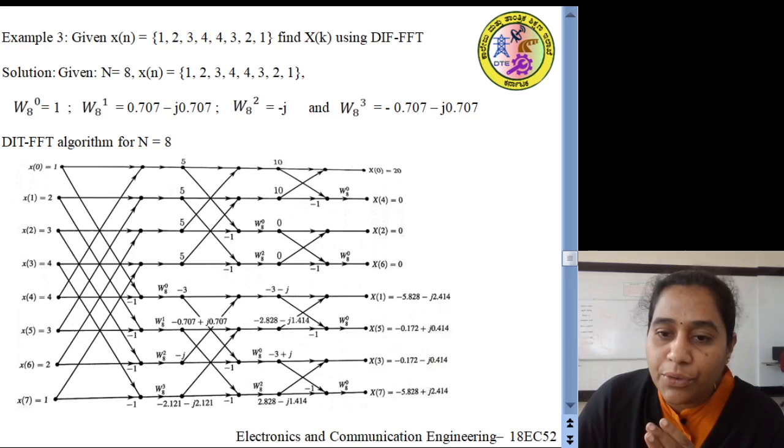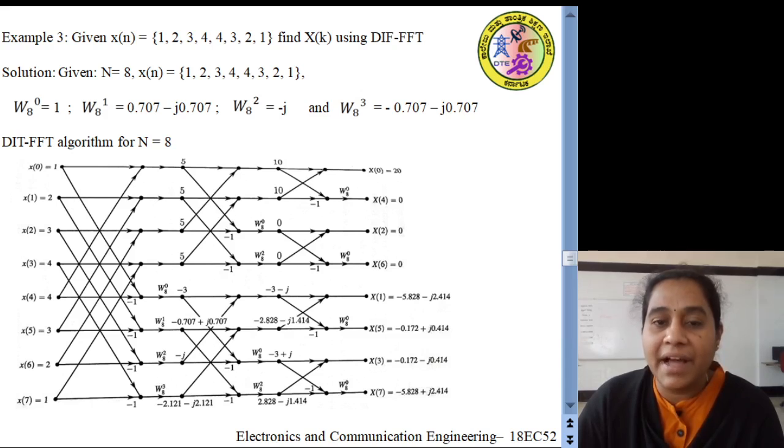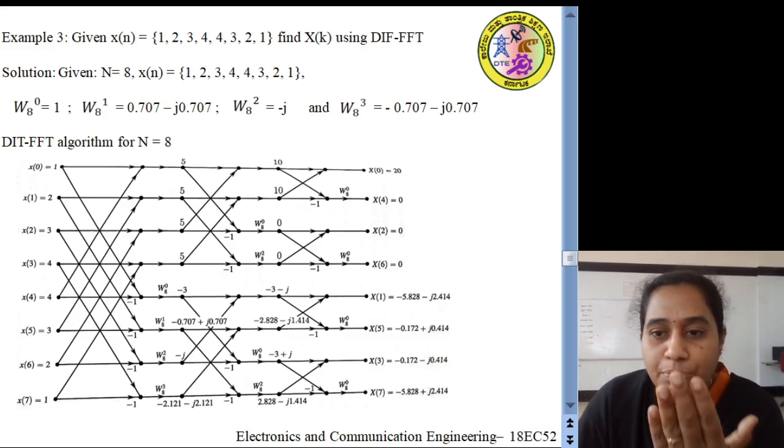If we do the calculations, we obtain the output of the second stage as 10, 10, 0, 0, minus 3 minus j, minus 2.828 minus j1.414, minus 3 plus j, 2.828 minus j1.414. And now we consider these outputs as input to the last stage.